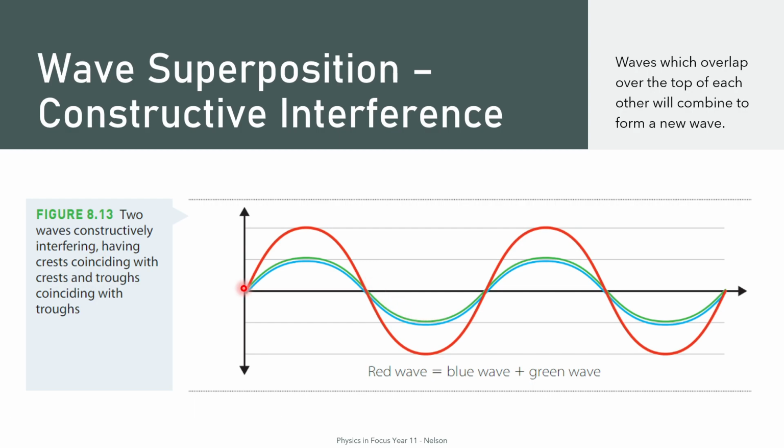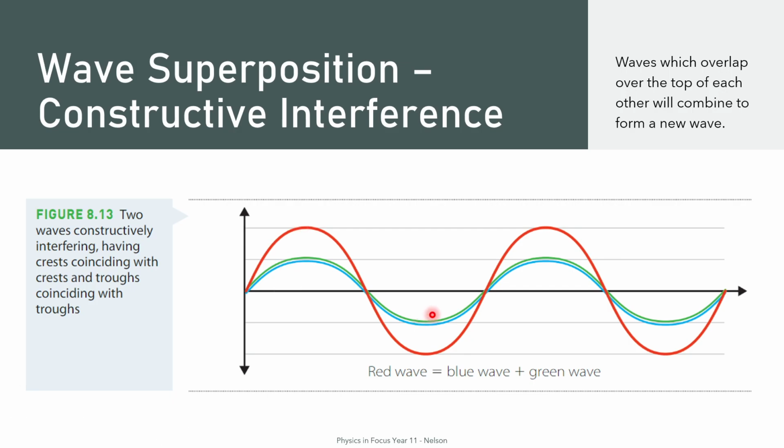So for example, at this point here, because the amplitude of both the green and the blue wave is zero, they add up to 0. And thus the red wave, the resulting wave, is at this 0 point here as well. However, when we look at these crests that are all lined up nice and neat, the sum of the blue and green wave, which are both about, say, 1, according to this scale, they add up to make 2, which is exactly where the resulting red wave is here.